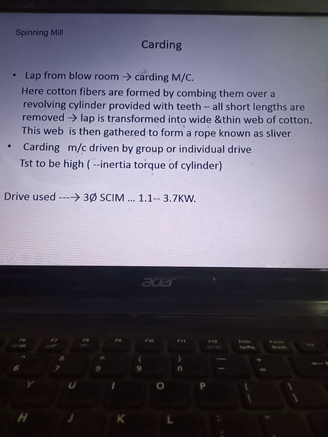So here the web of cotton is put together to form a rope called sliver, and the drive used is a squirrel cage induction motor.